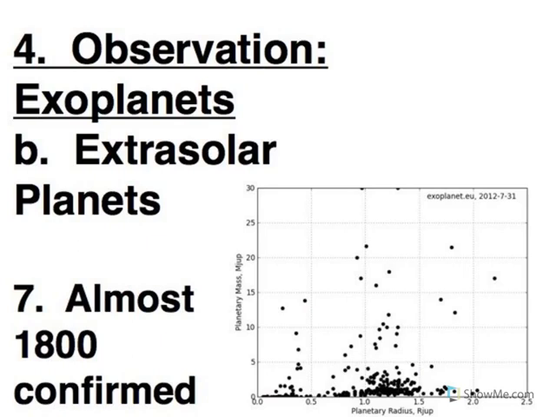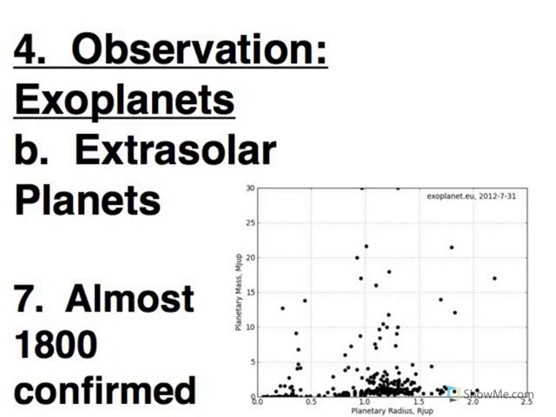Well, at the time that I made this program, which is summer of 2014, close to 1,800 planets around other stars have been confirmed. And this graph is showing the size of the planets and the mass of the planets, and it's done relative to Jupiter.